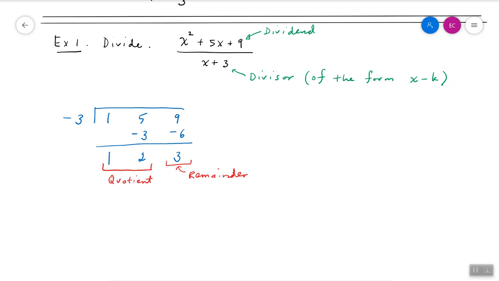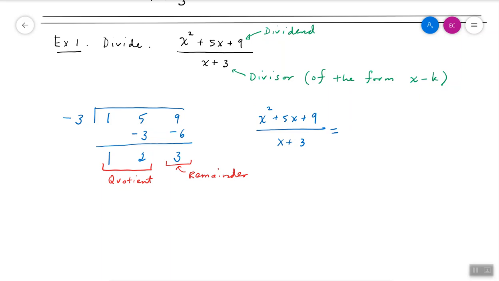And so now we're going to write our answer just like we did in the example up above. So what we're going to do is we're going to say that x squared plus 5x plus 9 divided by x plus 3 is the same as.